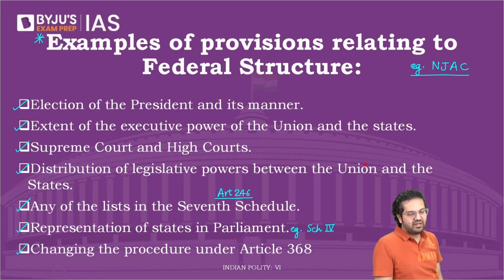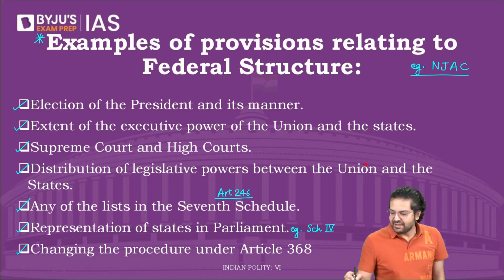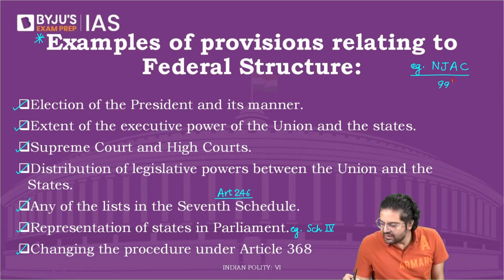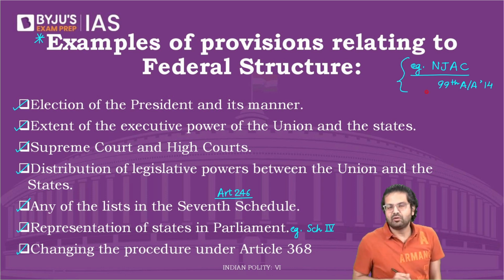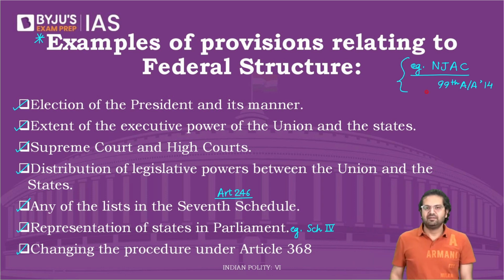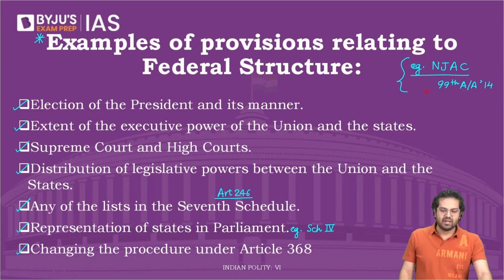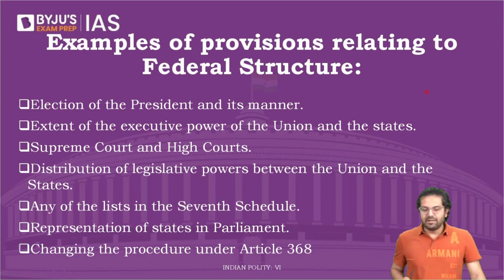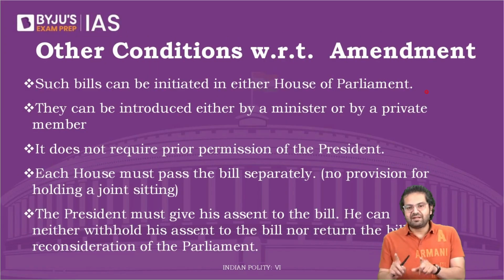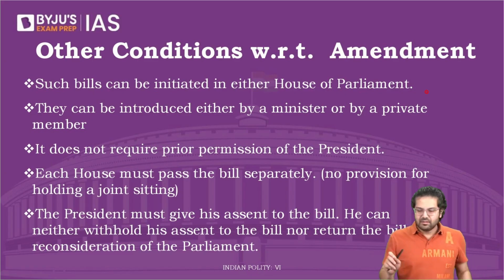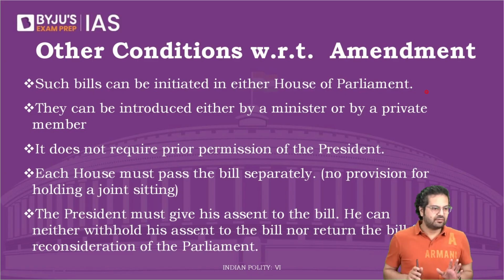This body was created, and the amendment was made. That amendment was called the 99th Amendment to the Indian Constitution in the year 2014. This was also approved by half of the states. Clear? Now, coming to some other important factors to be kept in mind while making amendments.